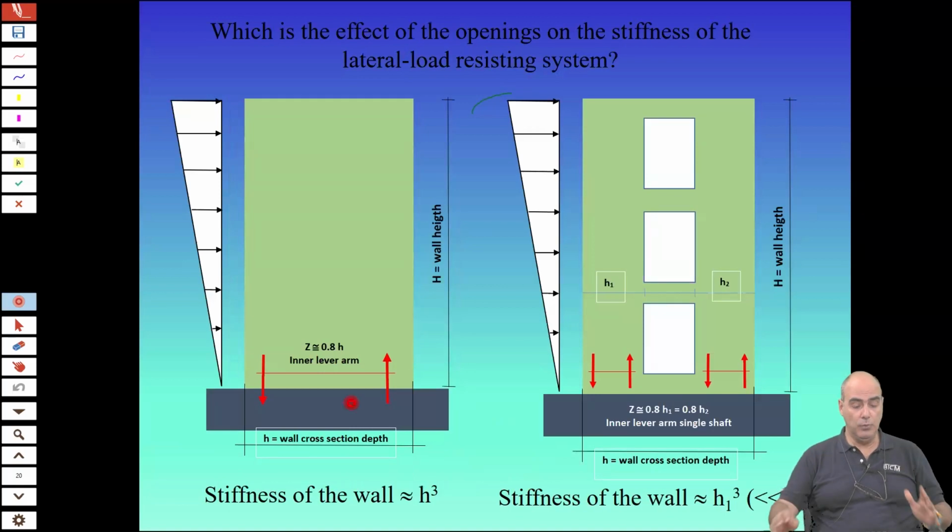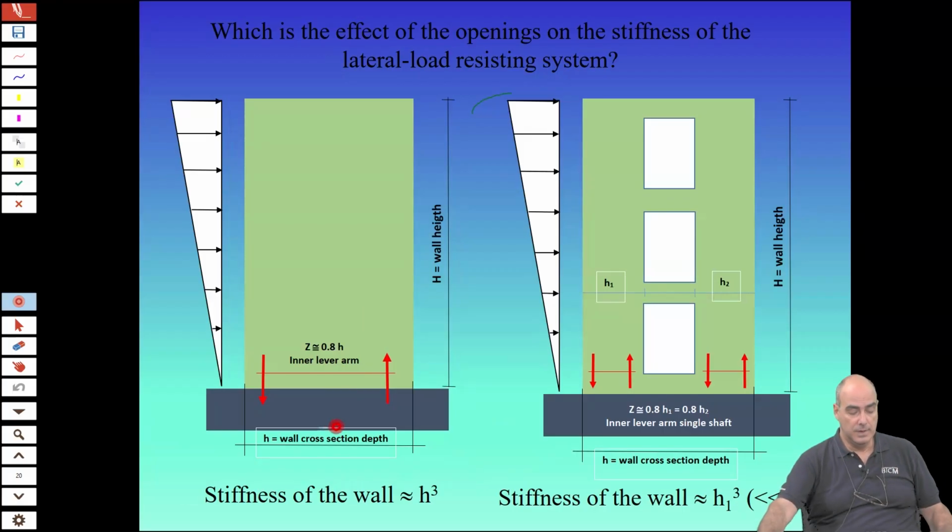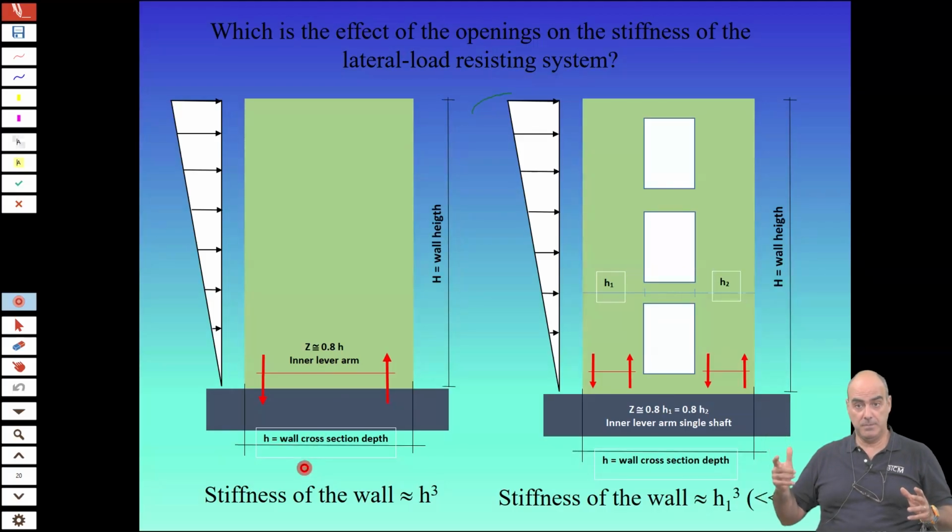So if we have a solid wall like this on the left, the stiffness is proportional to the cube of this dimension.